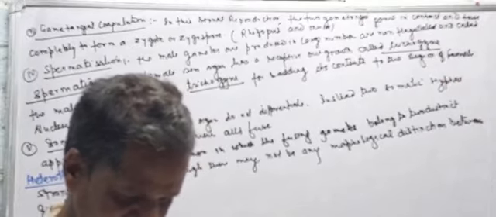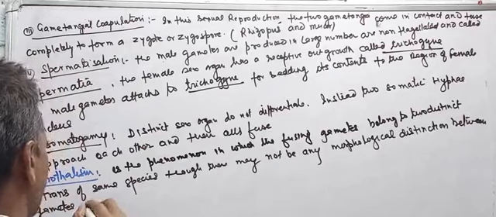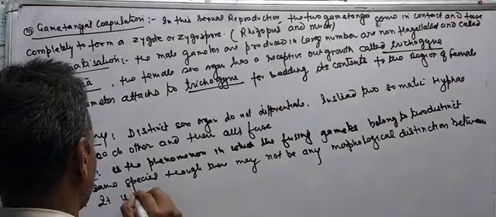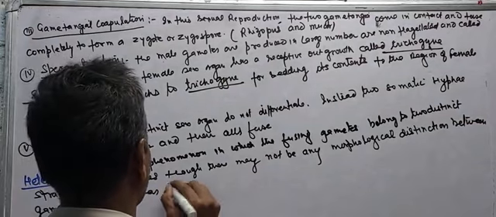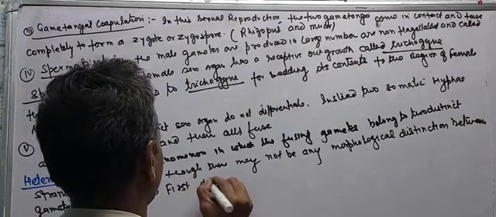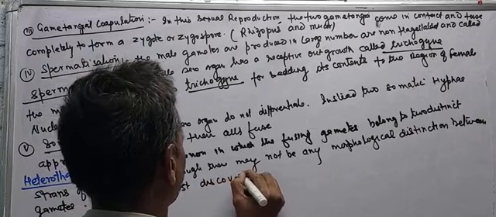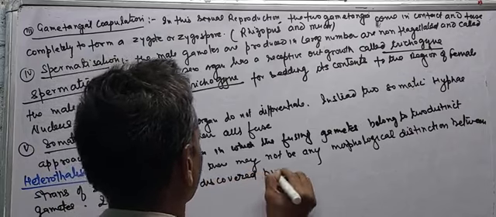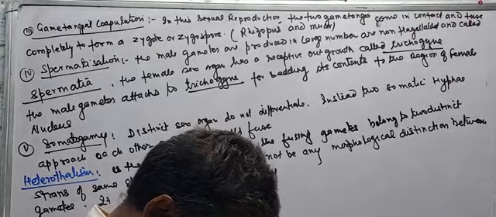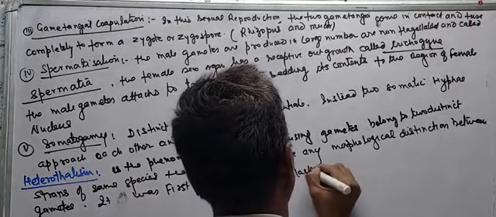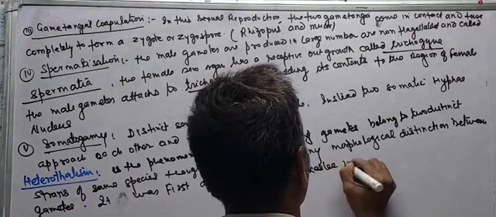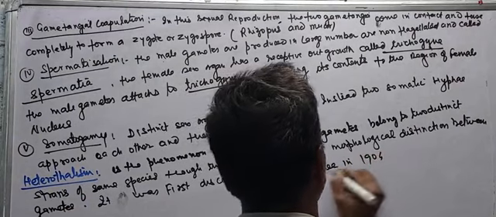It was first discovered by Blakeslee in 1904.